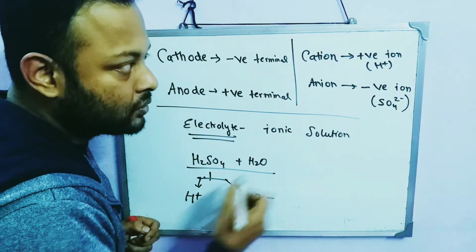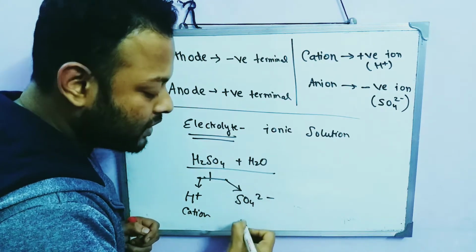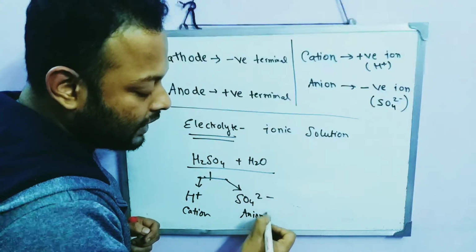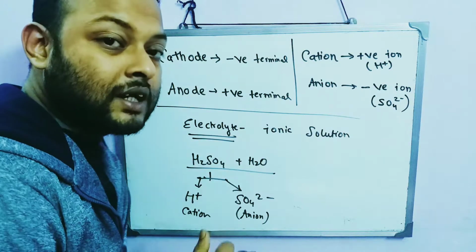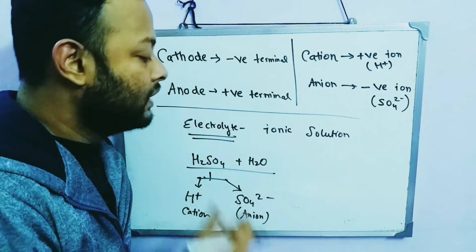H plus is the cation, and SO4 2 minus is the anion.